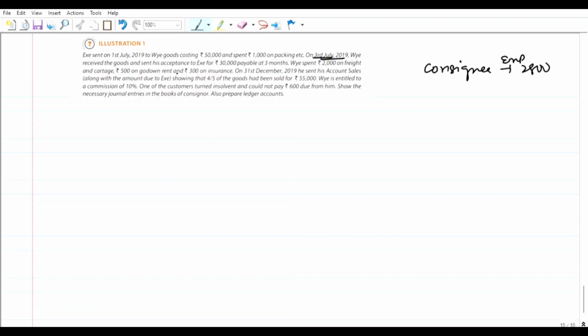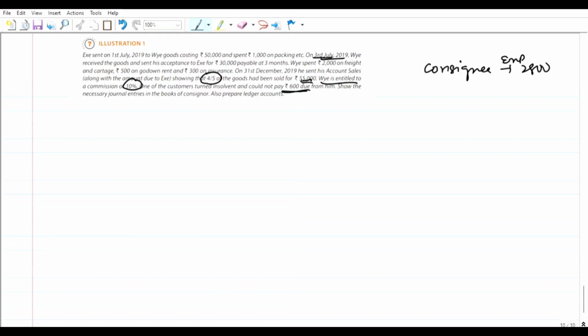Account sales along with the amount due to X, showing that 4 by 5 of the goods were sold for 55,000. Okay, and Y is entitled to a commission of 10%. One of the customers was insolvent and could not pay rupees 600 due from him.